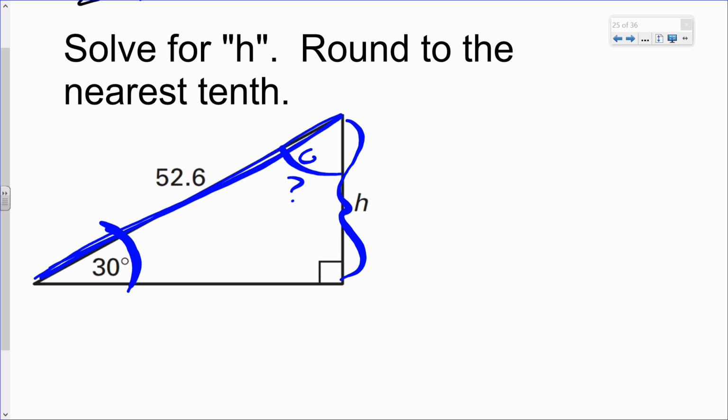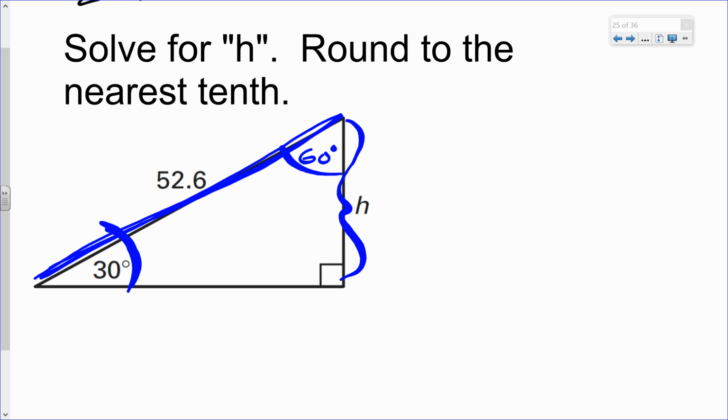This would be a 60-degree angle. Go ahead and put that in your picture. That was our angle relationships knowledge from about 2 or 3 weeks ago: 180 minus these two gives me that one, because they all add up to 180. So I know this is a 60-degree angle and a 30-degree angle. Let's rock and roll. Now, the mission is to solve for h.